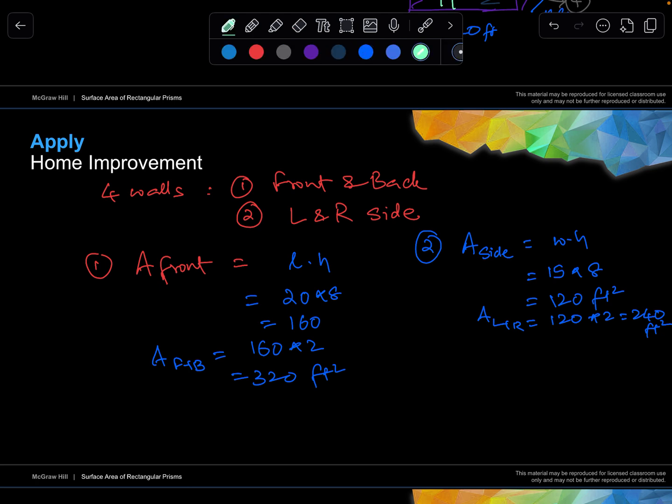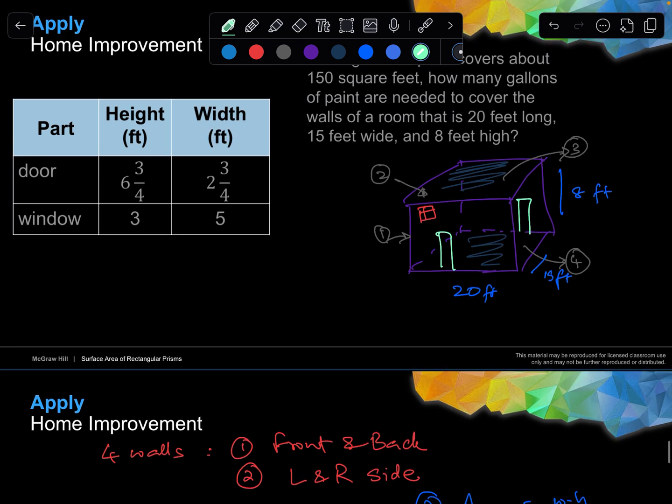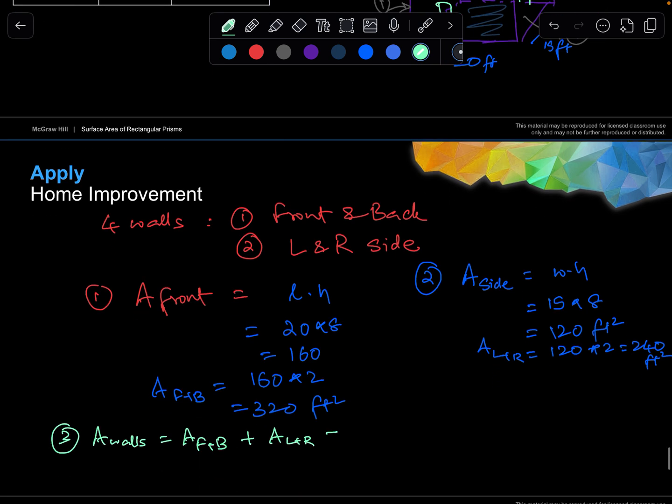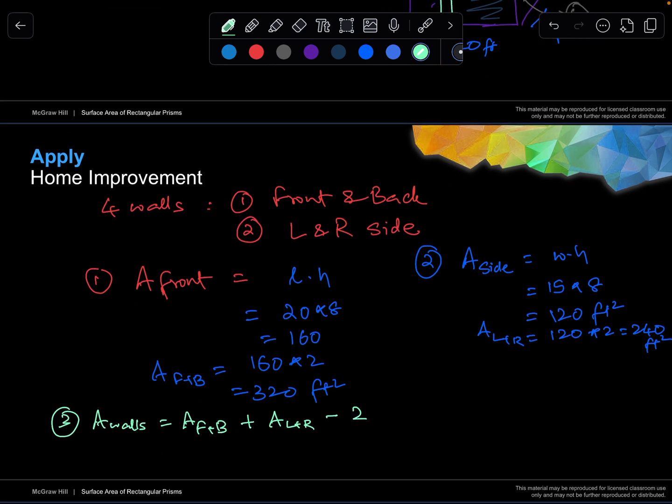Now, going back to this, I'm going to do step 3 here. Area of walls is equal to area of front plus back plus area of left plus right minus, remember, you're not painting the doors or the windows, right?